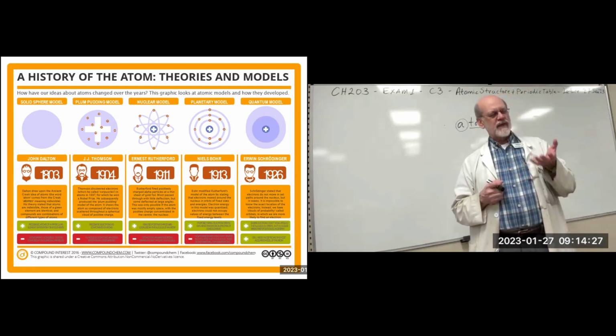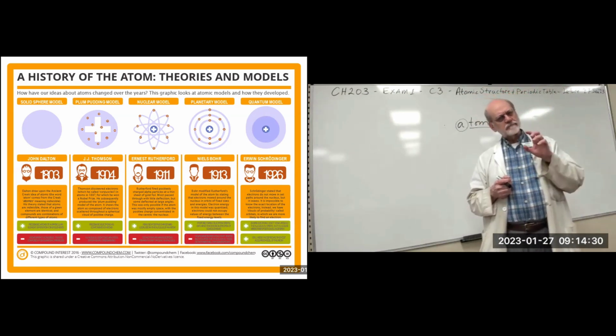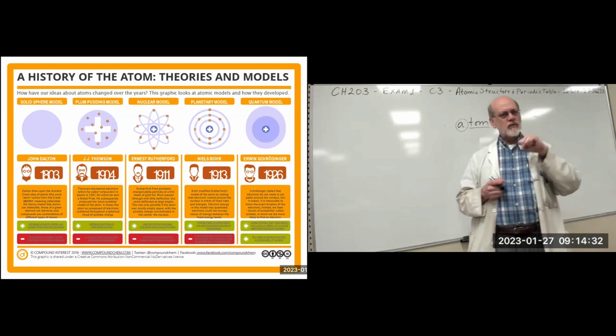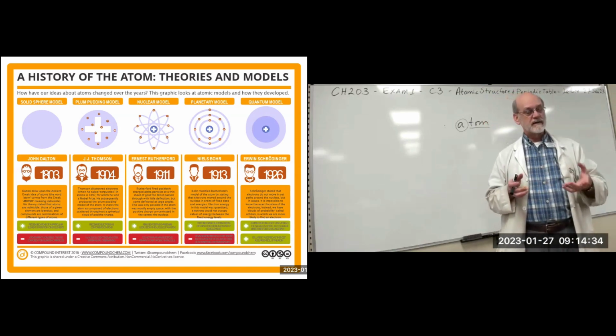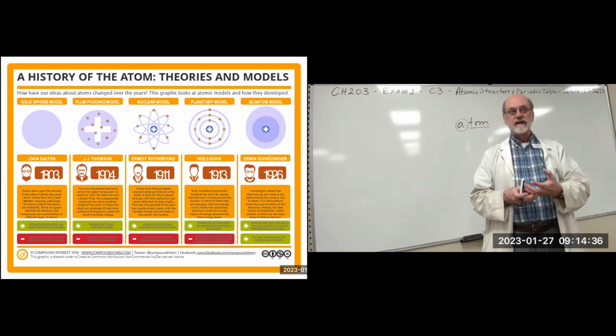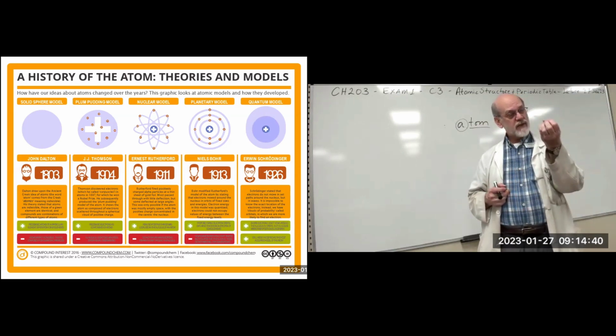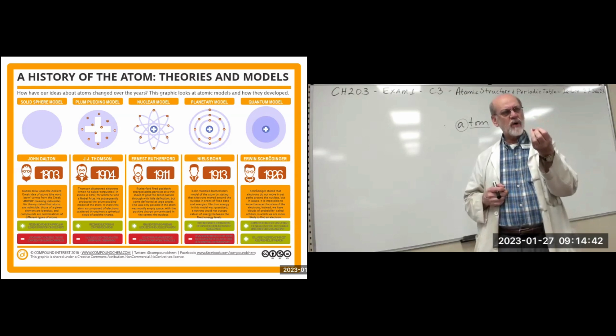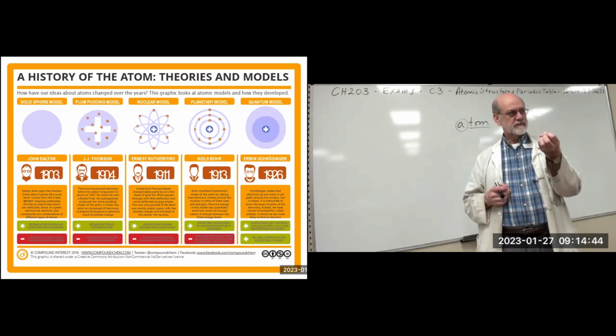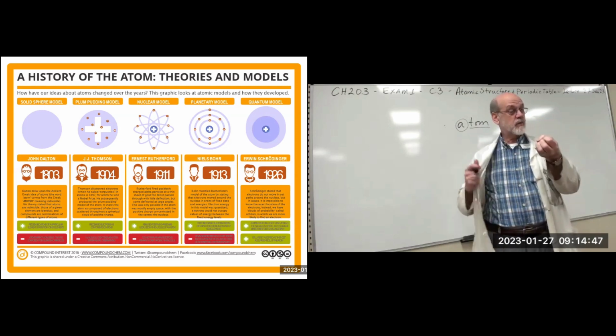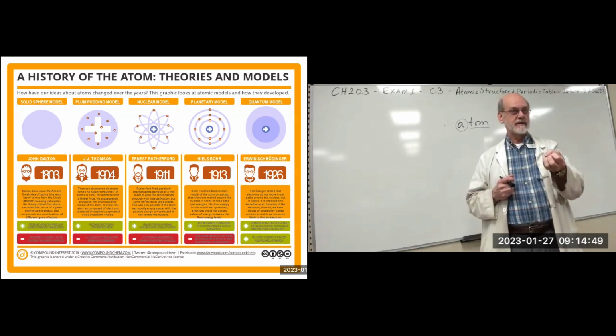Rutherford picked up on that idea and said, okay, if the electron has almost no mass, where's the mass? Is it in this pudding? He didn't think so. He thought that most of the mass was concentrated in a very small part of the atom called the nucleus. That's where the positive charges were, and that's where most of the mass is.